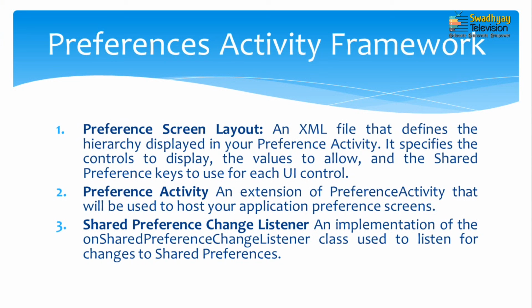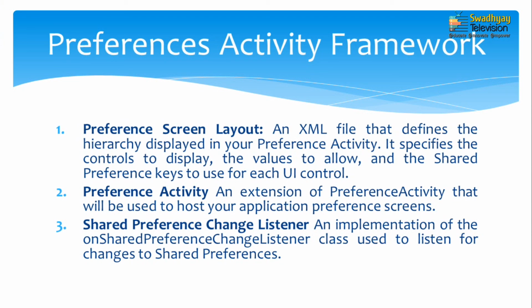Next is a preference activity. So, like we extend activity to represent a normal activity, we extend preference activity to specify a preference activity, and it will be used to host your application preference screen. A normal activity hosts your user layout, a preference activity hosts your application preference screen. Whenever changes are made in these preferences, we have a shared preference change listener to listen for changes to shared preference.